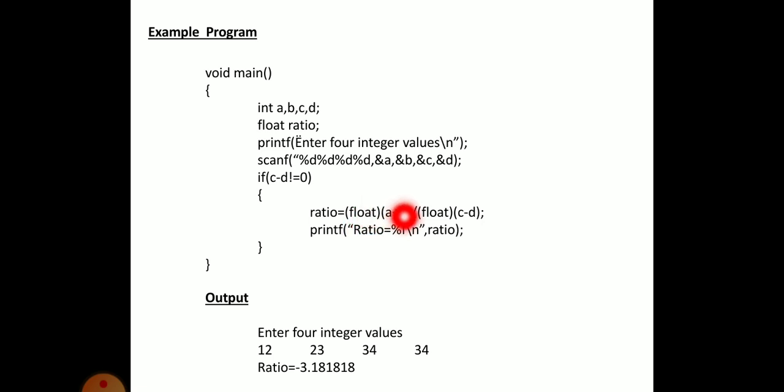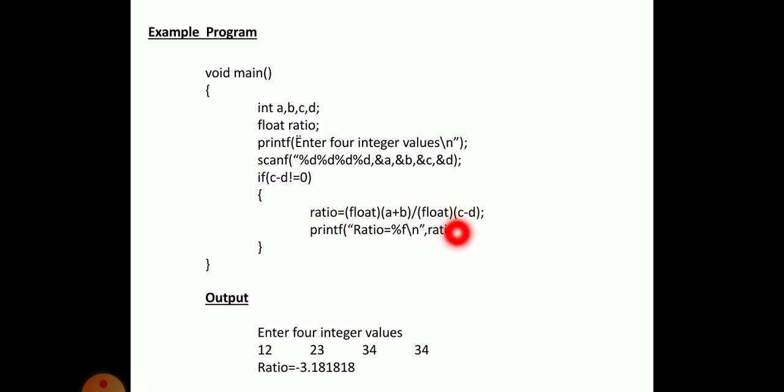A plus B will of course be an integer value. This integer value should be converted to a float value, because ratio is declared as a float value, and we are assigning this A plus B to the ratio. So, we use the typecast operator. The typecast operator float is used to convert an integer value into a float value.